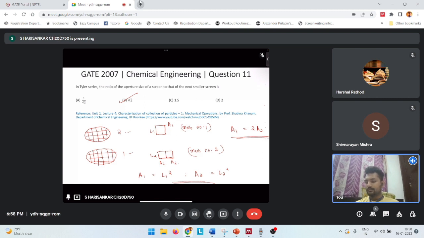And then you have centrifugal sedimentation, or basically centrifuge, and the separation equations for centrifuge and so on. And then there is one good topic called fluidization. So it includes pressure drop in a packed bed, Ergun equation, and so on. And yeah, let us see how far we can go with this in the next three classes.